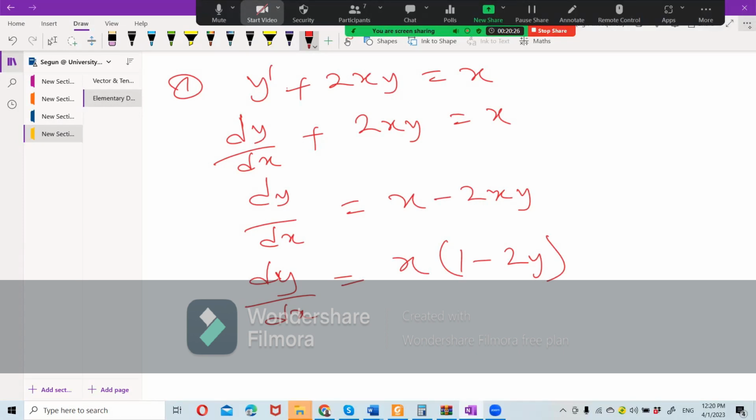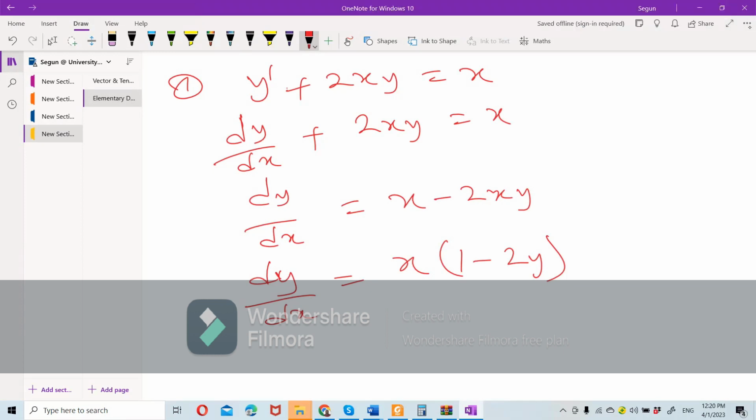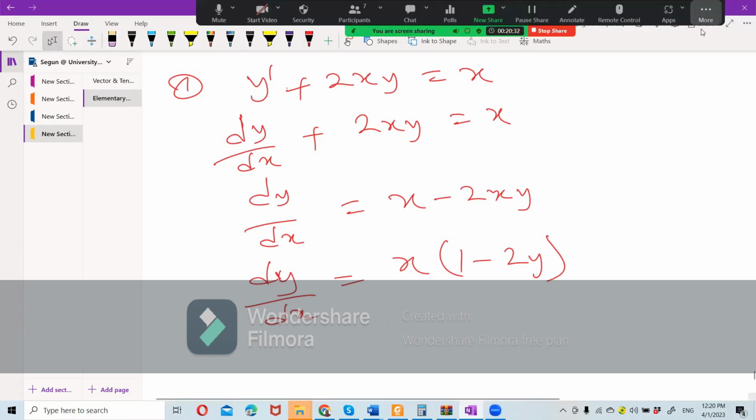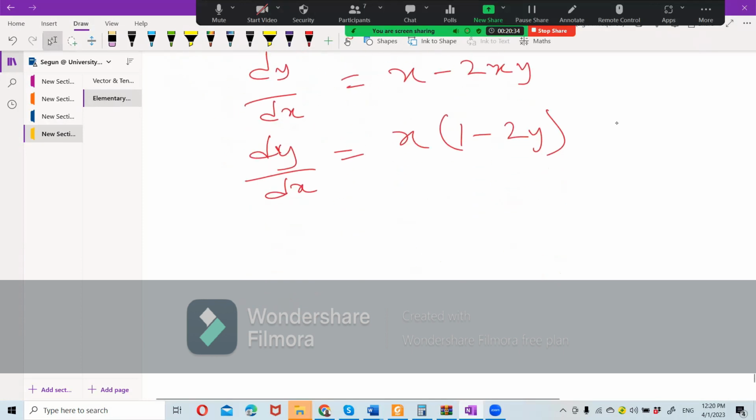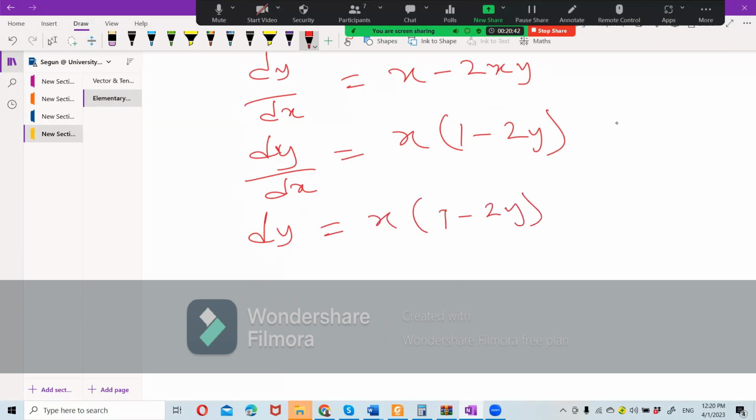We can cross multiply, because dy equals x into 1 minus 2y dx.